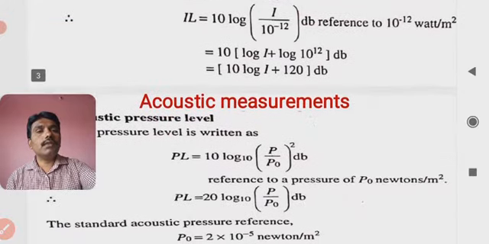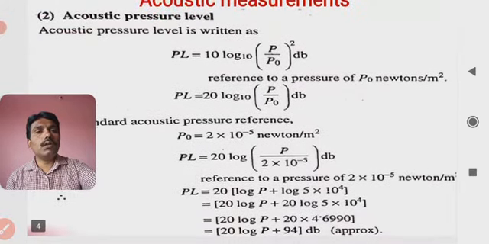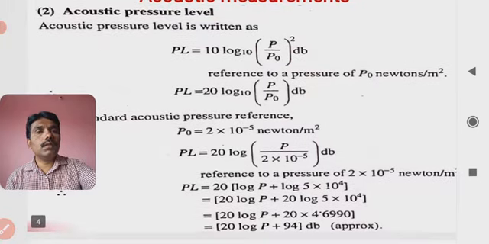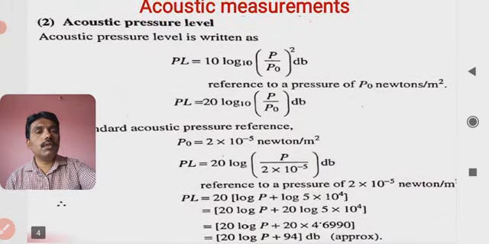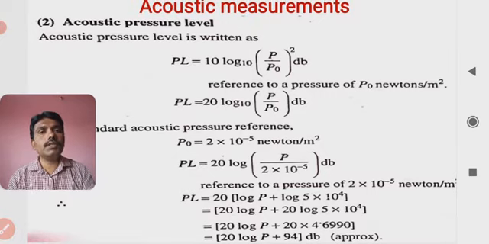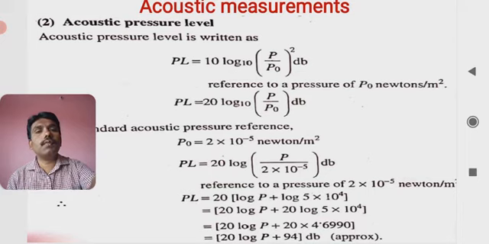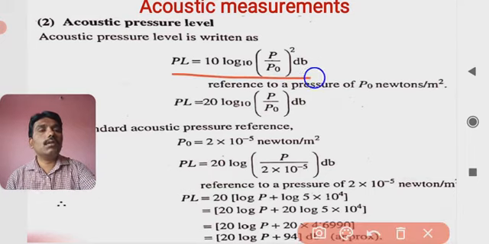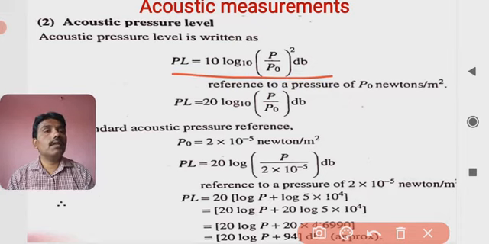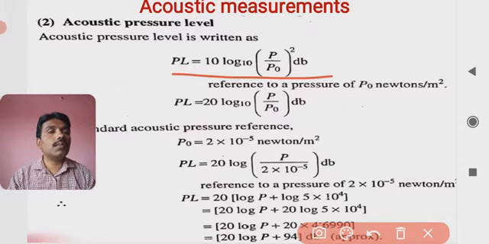Now the other measurement is the pressure measurement. In the same way, it has the relationship: PL, that is pressure level, is written in this form as 10 log to the base 10 of P upon P0 whole square dB, where the reference P0 is in newtons per meter square.